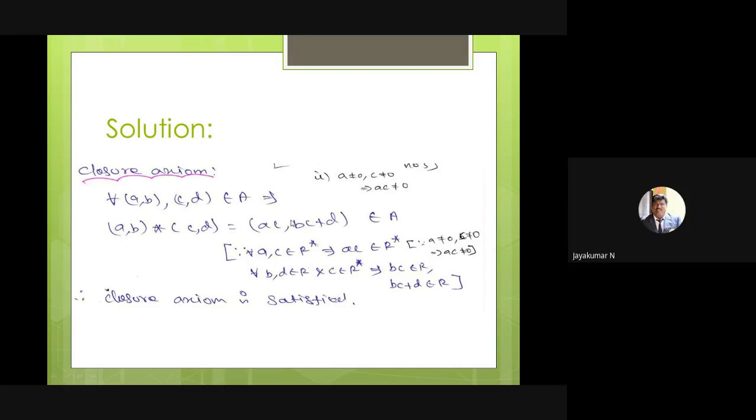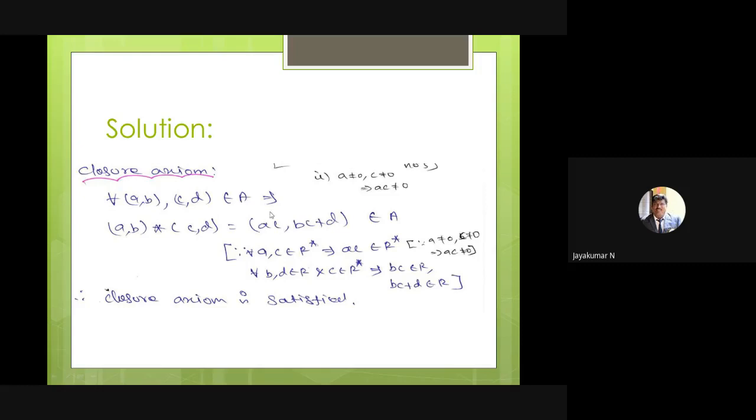Then for the second, the y coordinate, you have to prove that it belongs to R. B and D belong to R, C belongs to R star, which implies BC plus D belongs to R. Why? BC belongs to R. Here I use the operation: addition of two real numbers is real, and product of two real numbers is again real.